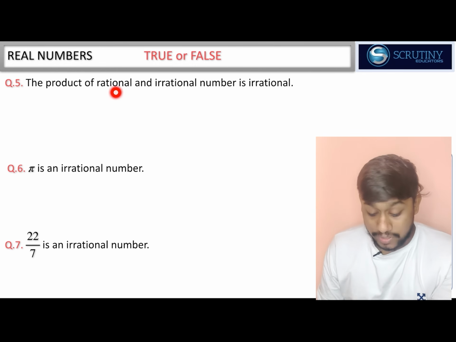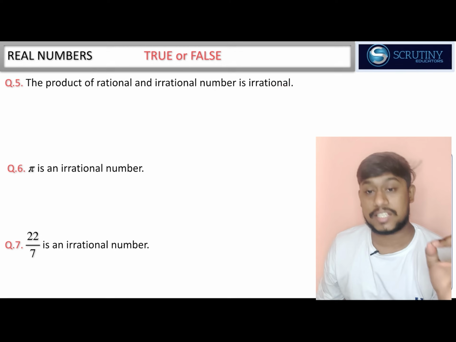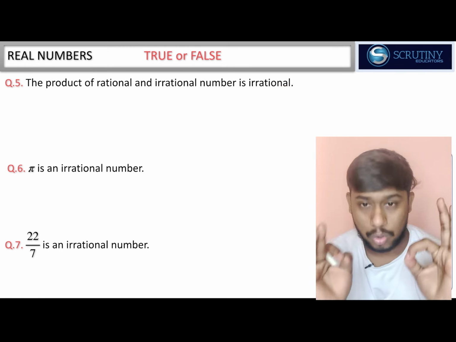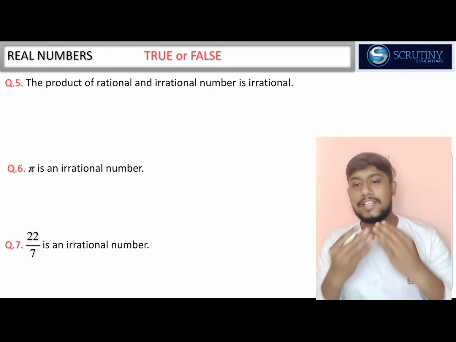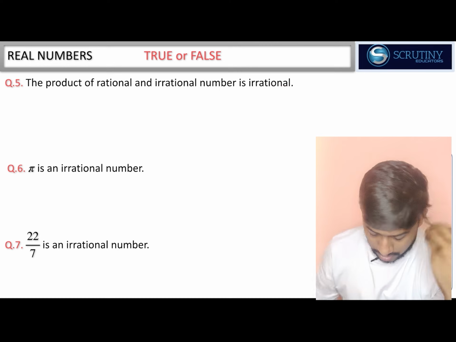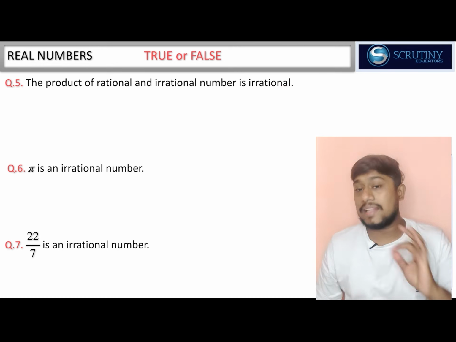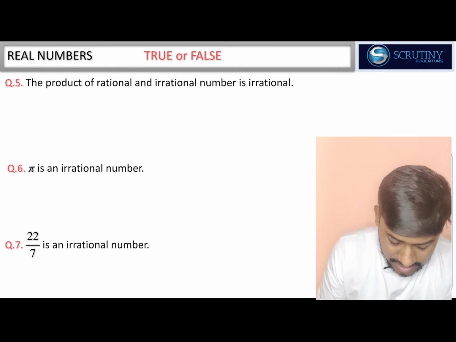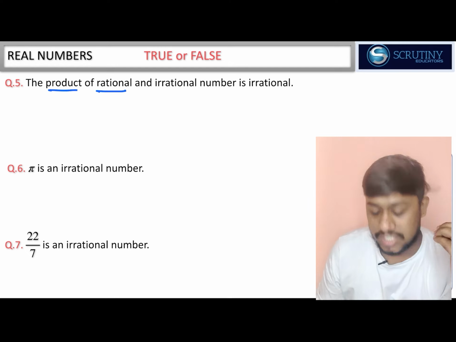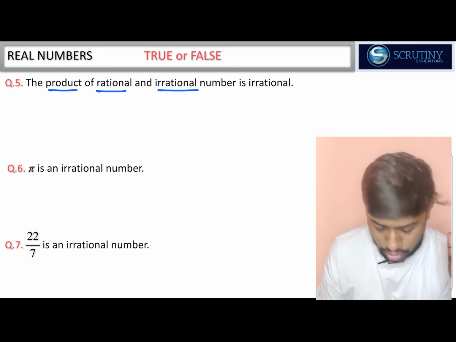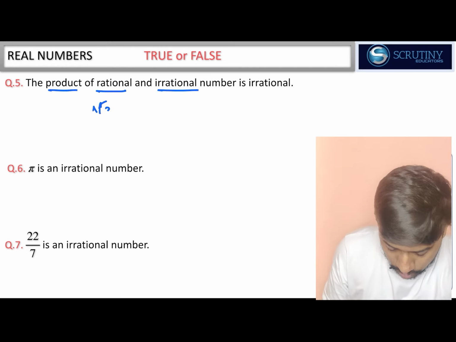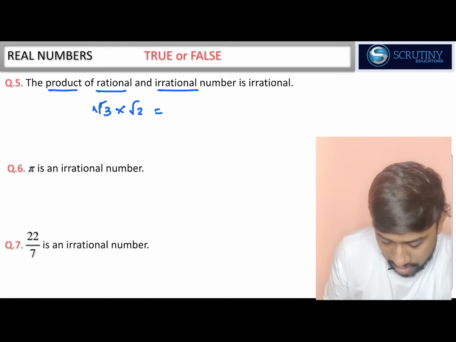The product of a rational and an irrational number is irrational. See here, they are not mentioning always, so we define this question as conditional. The product of a rational and an irrational number is irrational. Yes, it is true. We take root 3 into root 2, we have root 6.